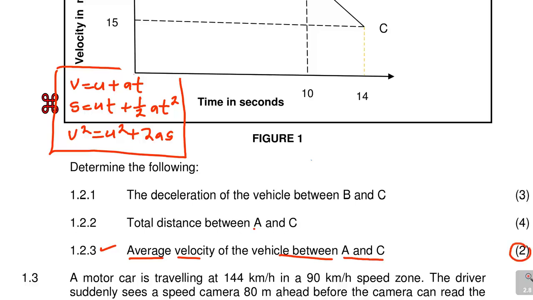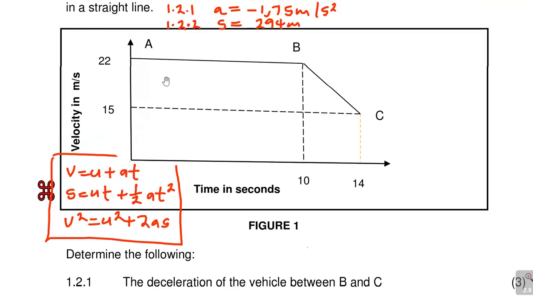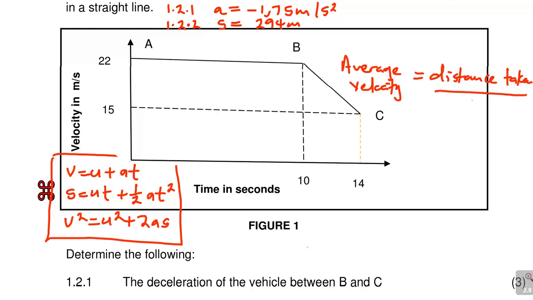Now they wanted the distance between A and C. Now they want the average velocity between A and C. So remember, average velocity is equal to distance taken over time.